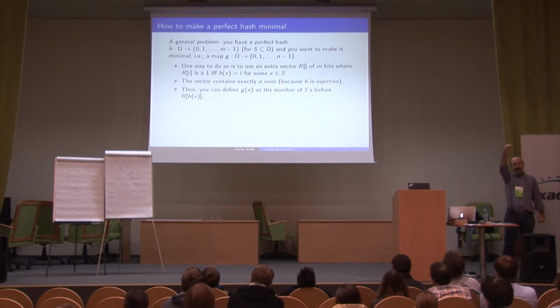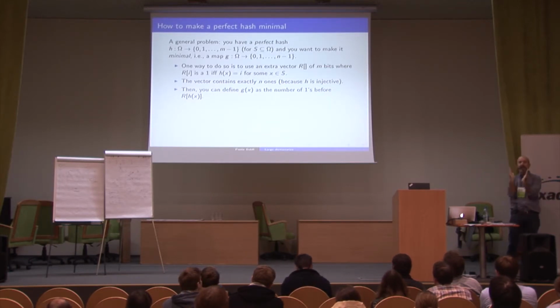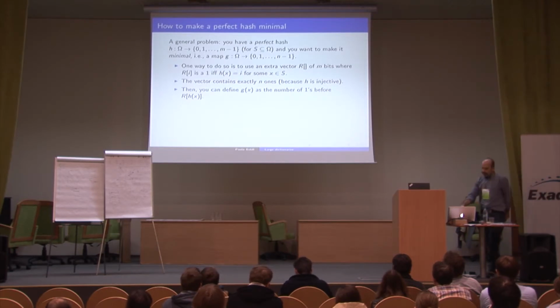So we map x using h of x, and it will end in some index. Then we count how many ones appear before that index. It's like compacting the array. Are you following me? Okay.